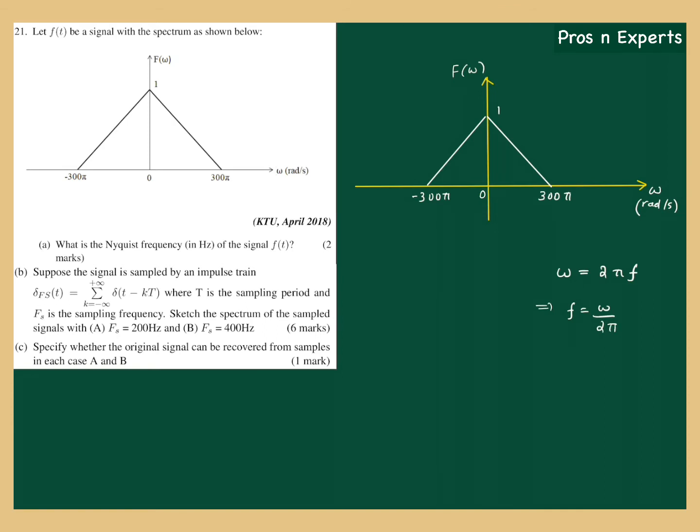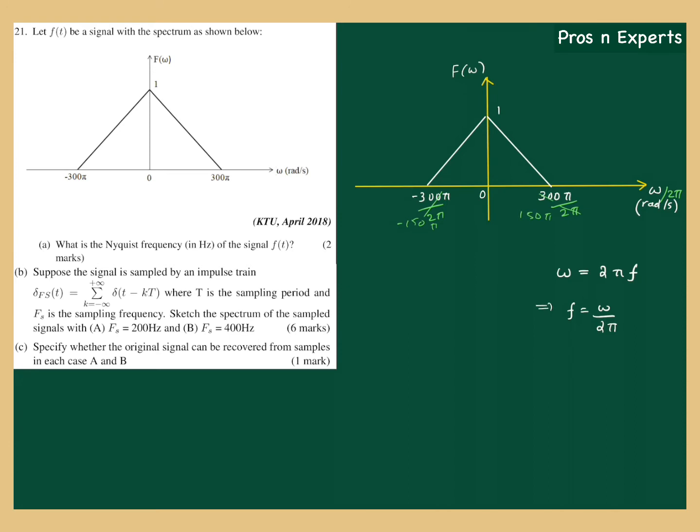So wherever you find omega, you just divide by 2 pi, and then you will get the linear frequency. So 300 pi by 2 pi is 150 pi. Here it is minus 150 pi. So that's how you convert omega into frequency.